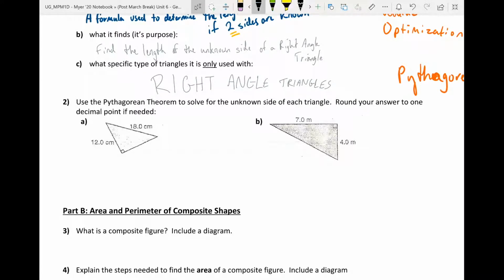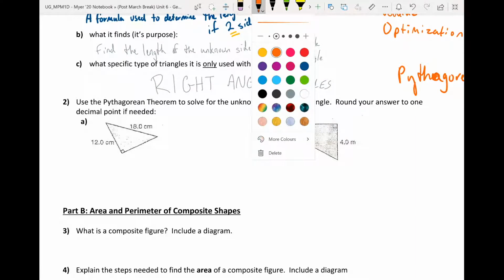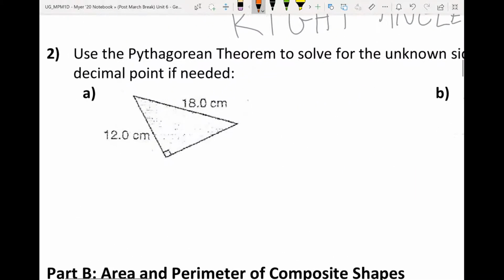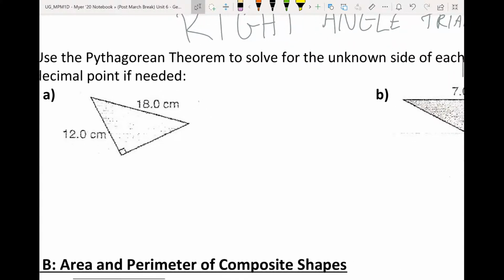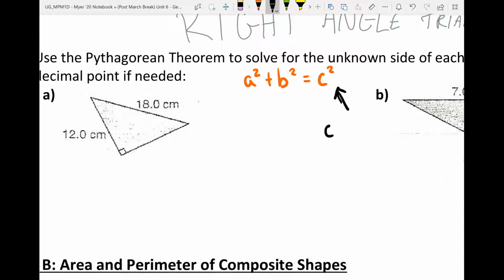Okay. So the critical thing is labeling our triangle correctly, because our formula, if we recall, is a squared plus b squared is equal to c squared. And c must be the hypotenuse.